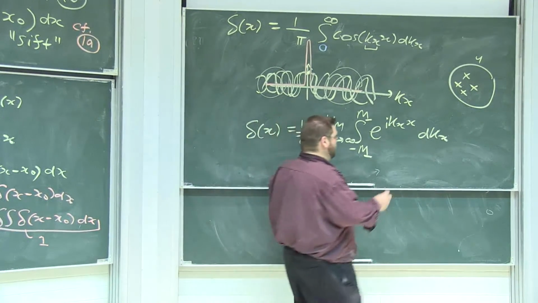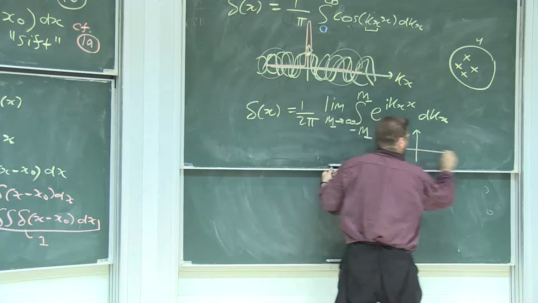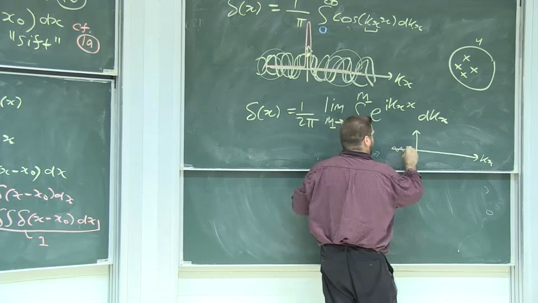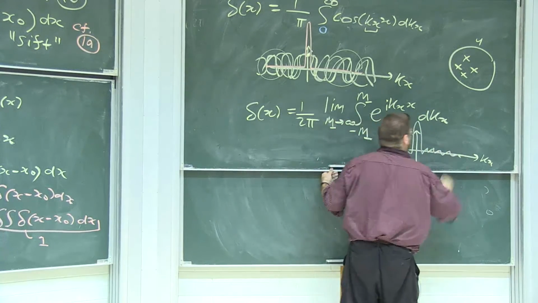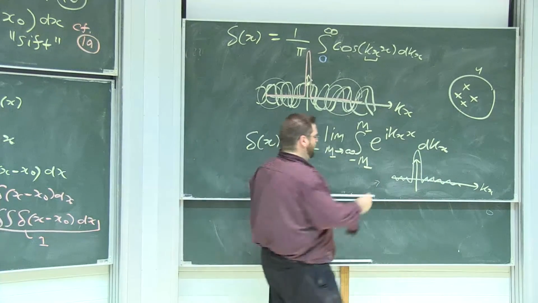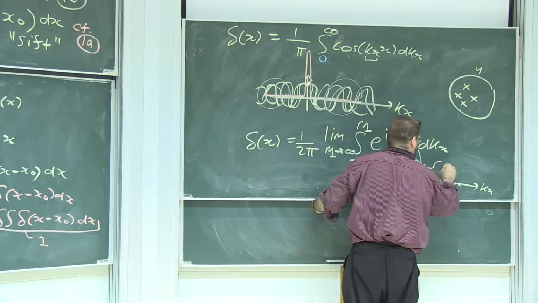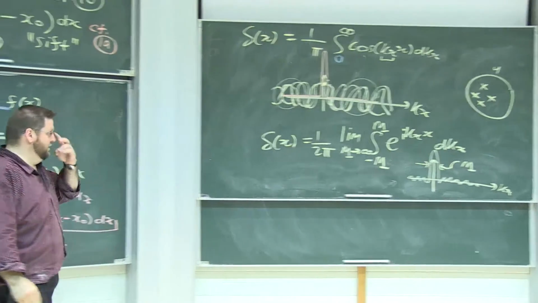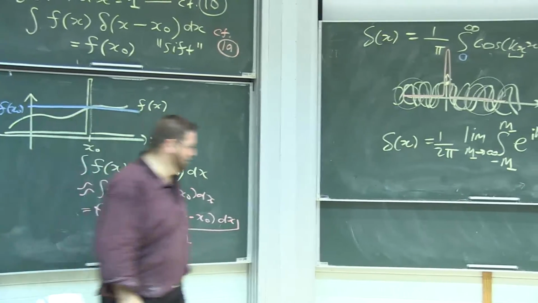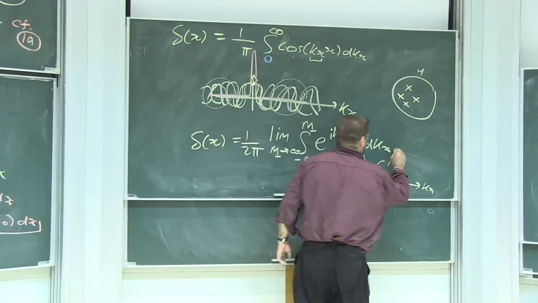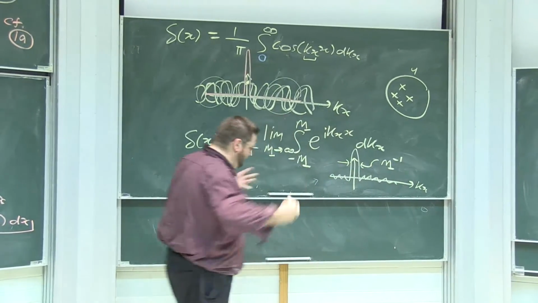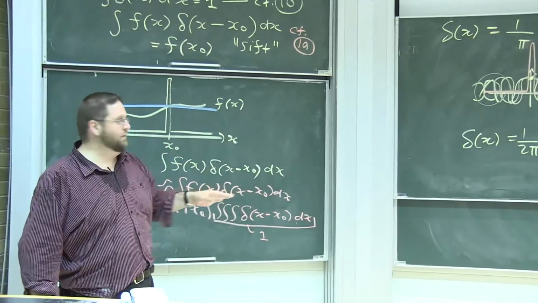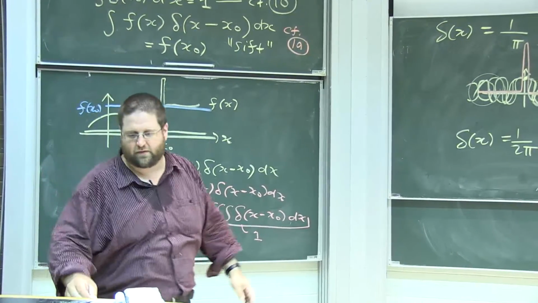And when you do it, what you'll get, if m is non-zero, will be something like this. It'll be a blip, and that blip will have a width of 1 on m, and it'll have an area of 1. And as m becomes infinite, this will become an infinitely skinny, infinitely high blip with area 1, which is precisely the Dirac delta.